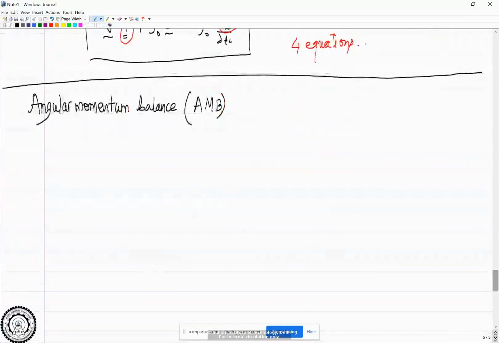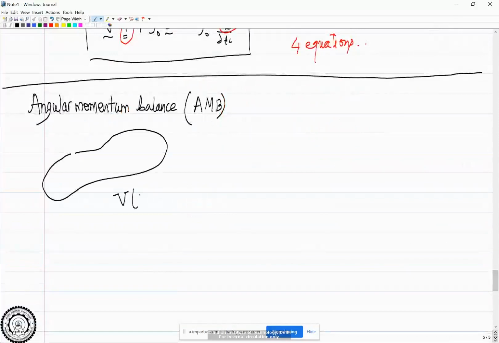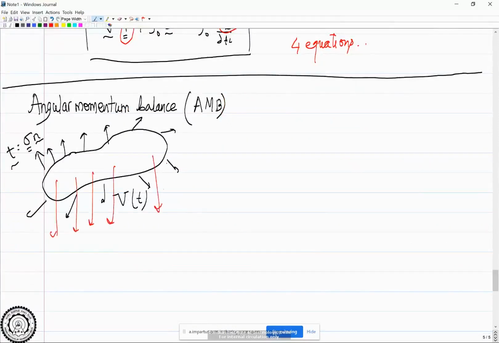Again, you have that volume V of t, and you have those forces acting, that is traction t is equal to sigma times n, and then you have body force, which is rho B. And let us think of doing the moment balance about a point O. That's the origin of the coordinate system.